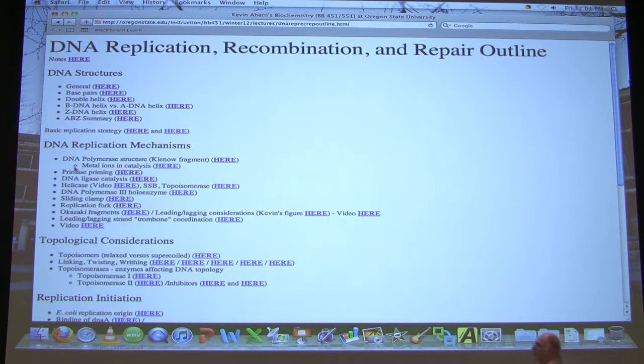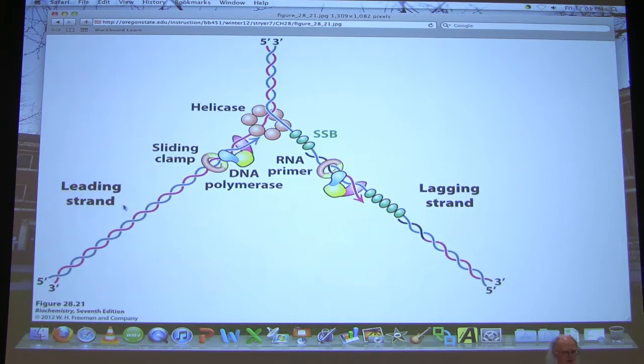Well, last time when I finished, I was talking about the removal of Okazaki fragments by DNA Polymerase I of E. coli. So let's go back and think about that. We're at the replication fork, all right? This is one representation of the replication fork. I like it because it's simple.